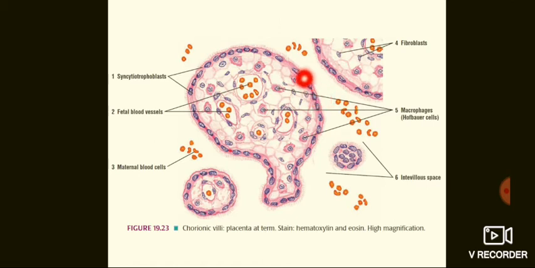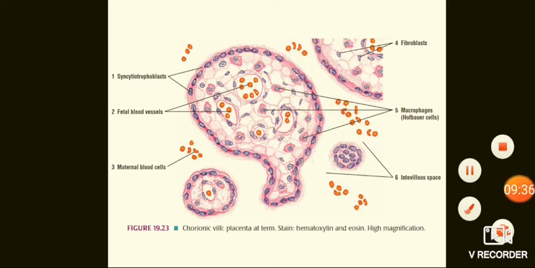Deep to it lies the cytotrophoblast, then the basal lamina of the cytotrophoblast, then the extraembryonic mesoderm core of the chorionic villi, then the basement membrane of the fetal capillary, and then the non-fenestrated endothelium of the fetal capillary. So this constitutes the placental barrier in early pregnancy.